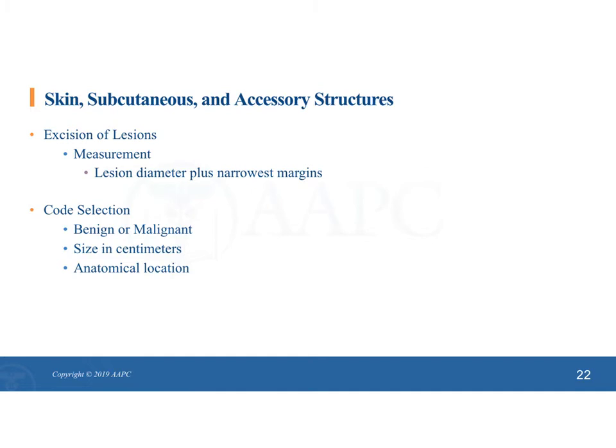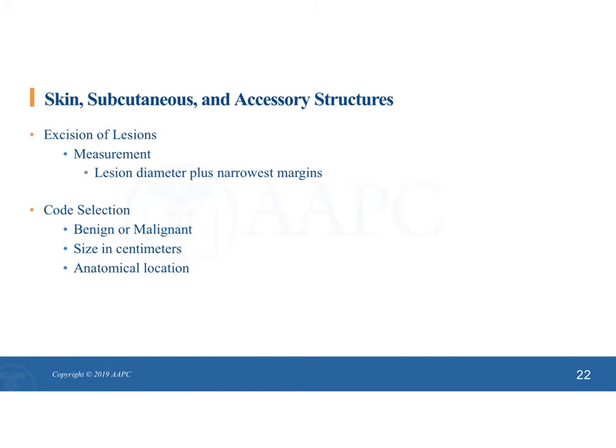There are words or phrases in the guidelines you may want to highlight, such as report each lesion separately and the different anatomical locations. Code 11400 is excision of a benign lesion, including margins, trunk, arms, or legs, 0.5 centimeters or less.